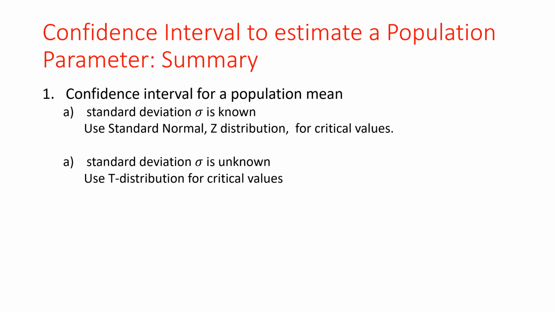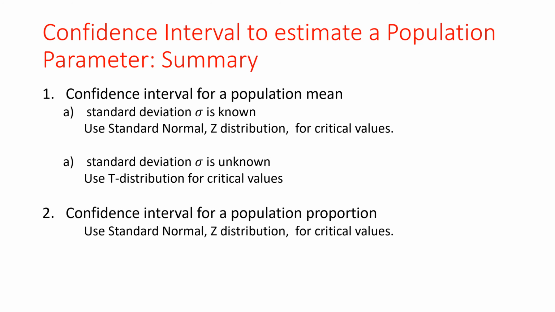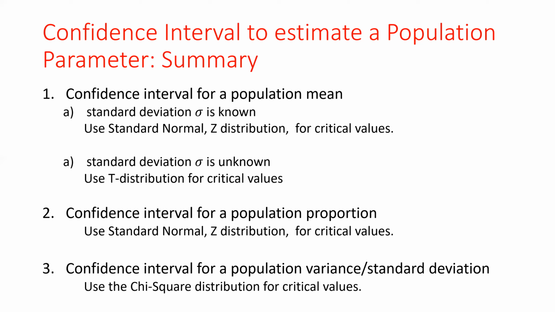In this case, you will use a T distribution to figure out your critical values. That's for estimating population mean. For estimating population proportion, you're going to use the standard normal distribution, Z, for calculating critical values. And if you're talking about confidence intervals for population variance or standard deviation, then you're going to use a chi-square distribution to find critical values.